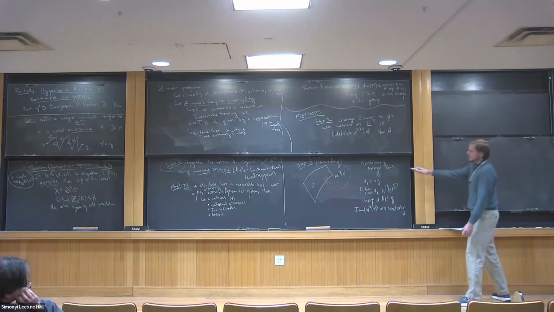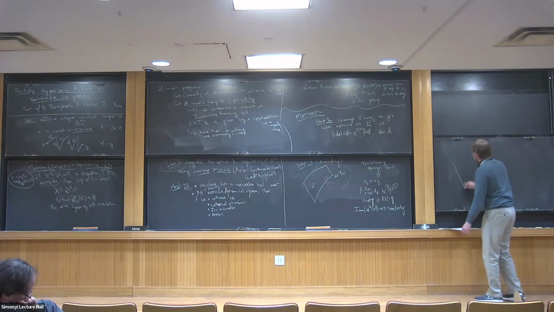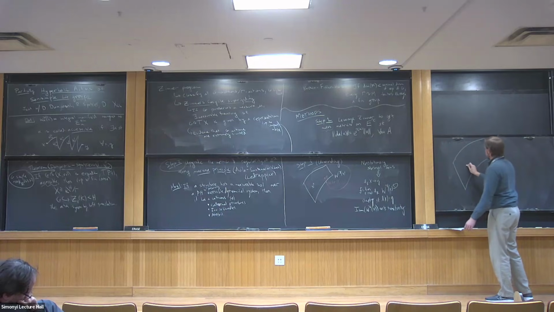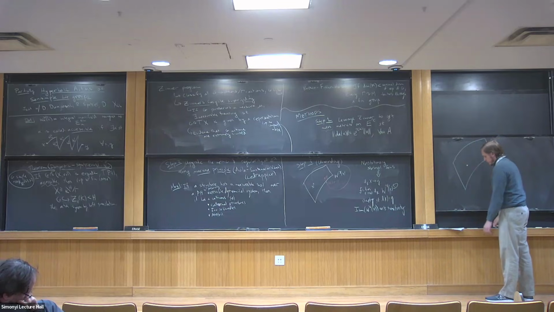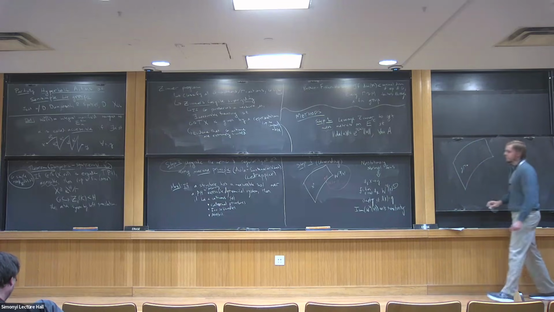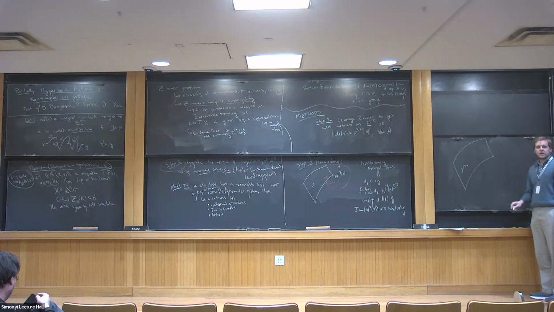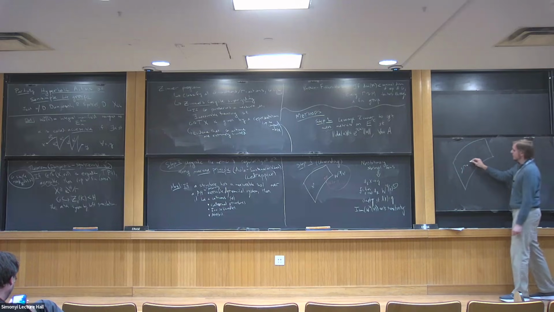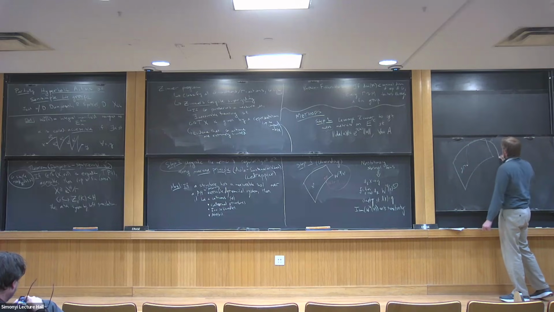And I want to draw the same picture that I did over there, but in the homogeneous setting. So let's start from a point p gamma. Now I want to translate by a, and I want to come very close here.